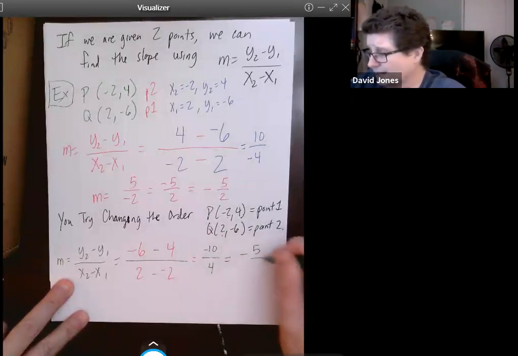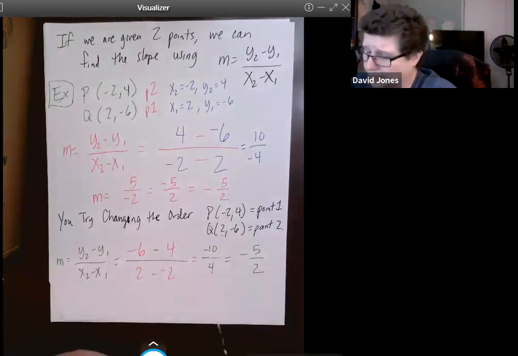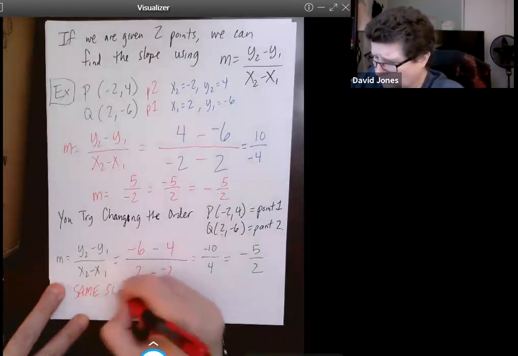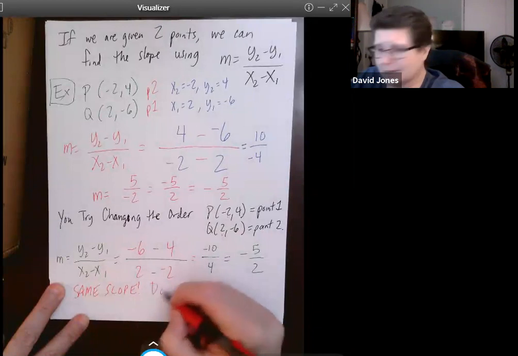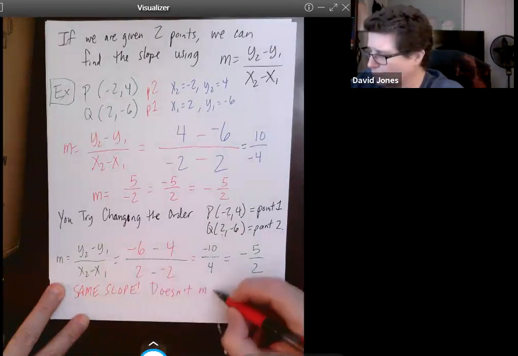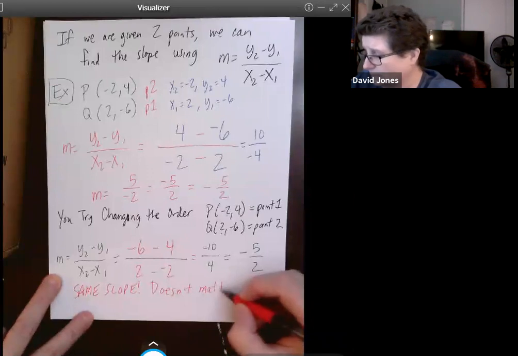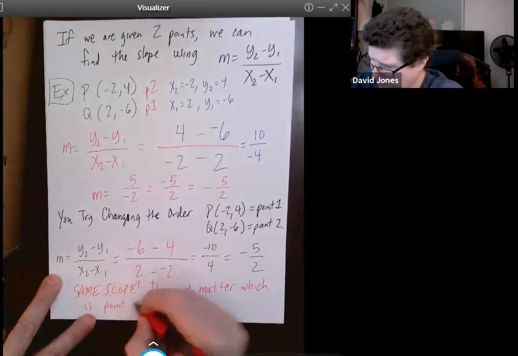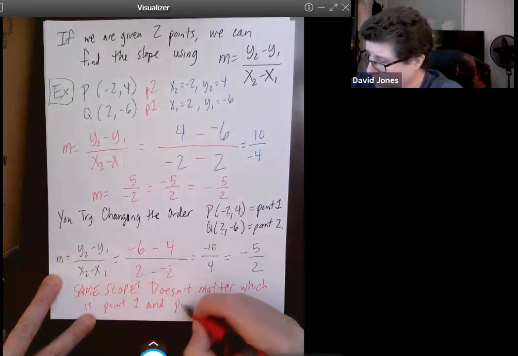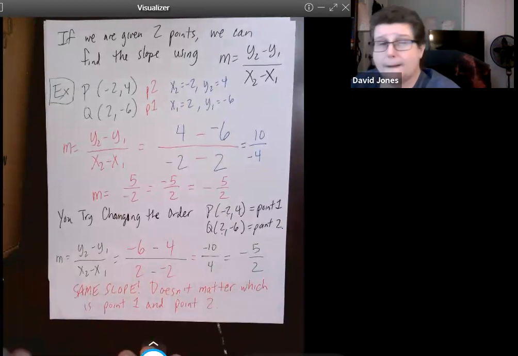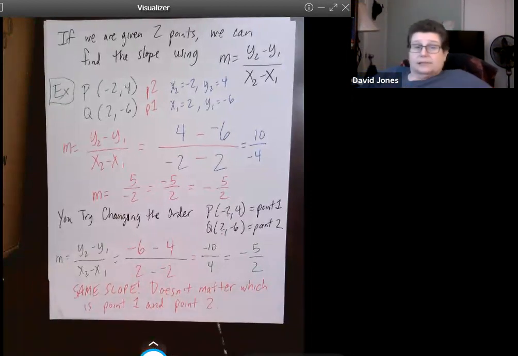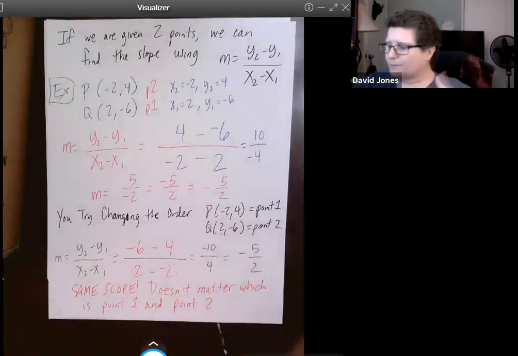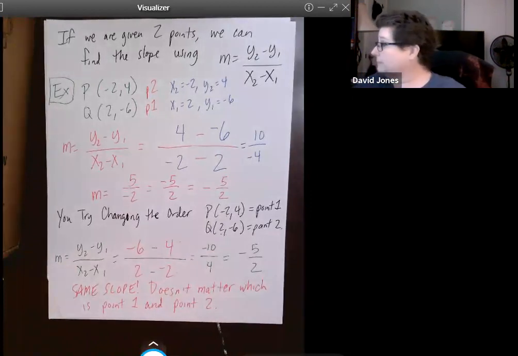And this simplifies to -5 over 2. Same slope. It doesn't matter which one you label point 1 or point 2, but don't mix it up. If you put the 4 on the bottom here and the -2 on the top, things aren't matching up correctly. It's going to be wrong.